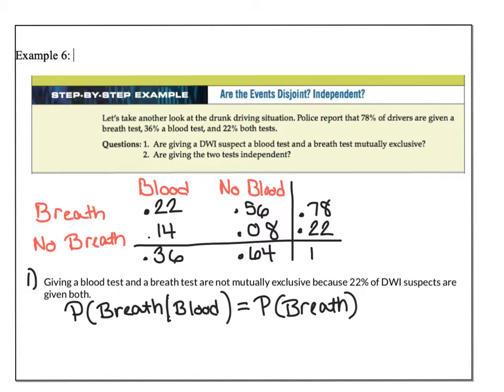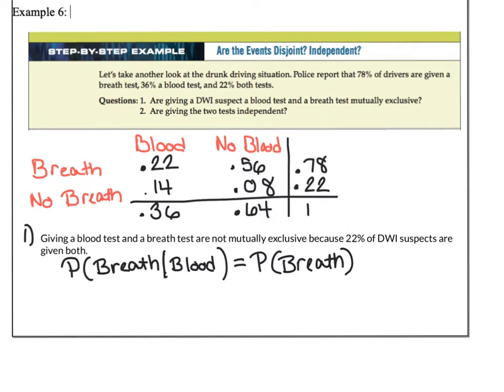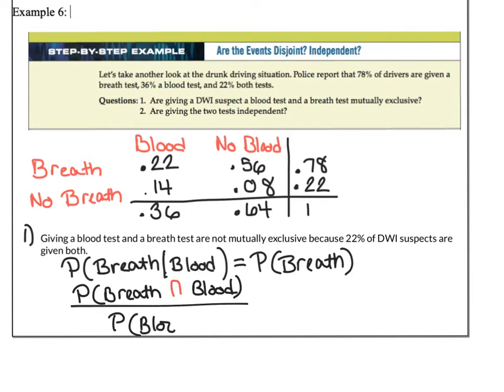So how do I calculate the probability of taking a breath test given I've already taken a blood test? You have this formula for conditional probability on your formula sheet. This is equivalent to the probability of breath intersected with blood divided by the probability of just a blood test.